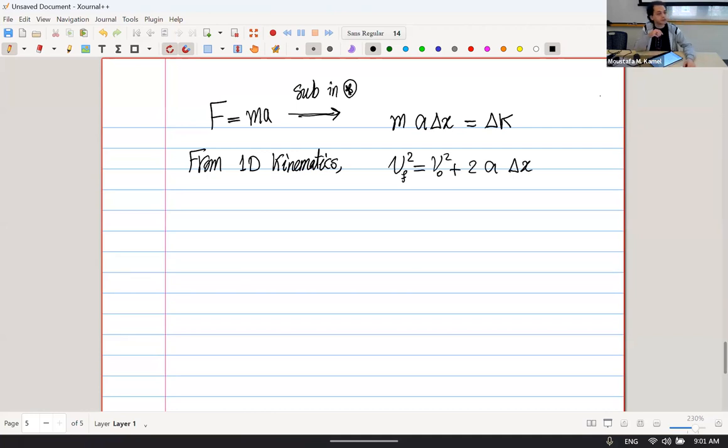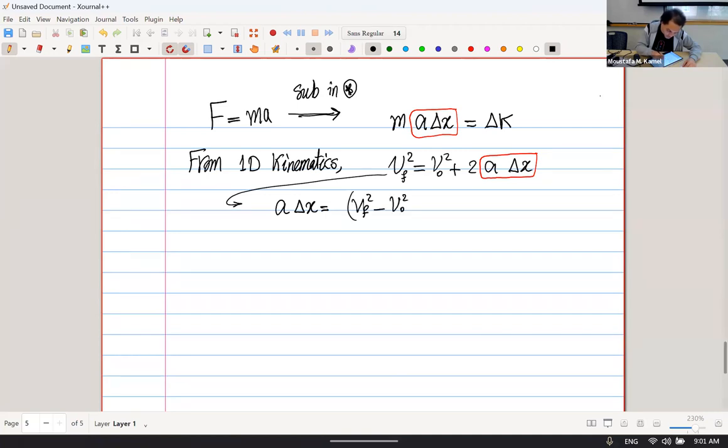Do you remember this equation? Okay. So this equation can be rearranged to get a delta x by itself. So from the kinematic equation, we have a delta x equal to v final squared minus v initial squared, all divided by 2. This is just rearranging the kinematic equation.